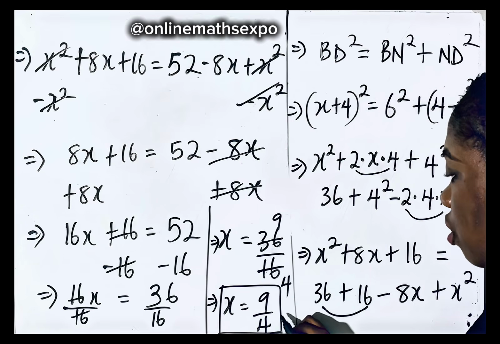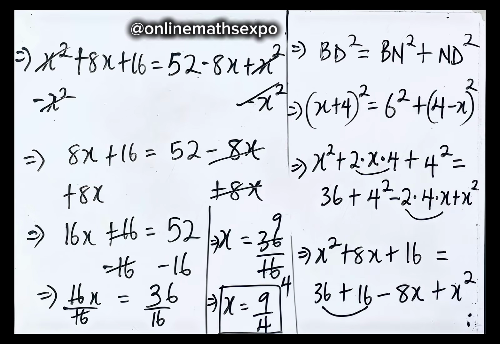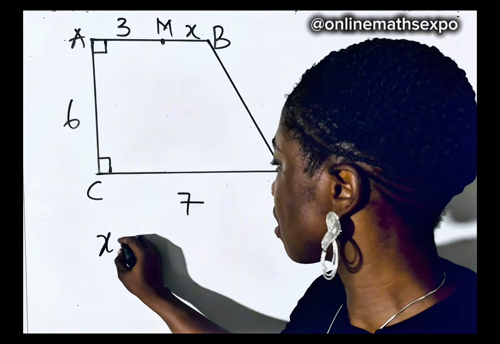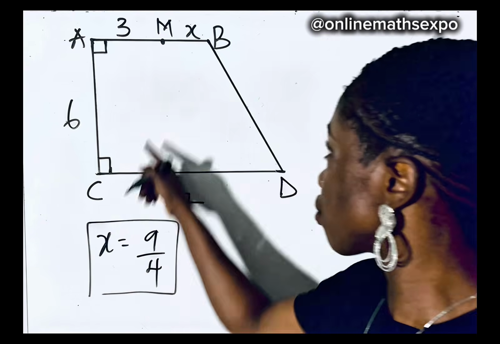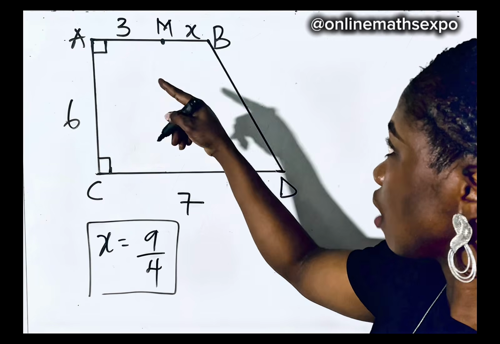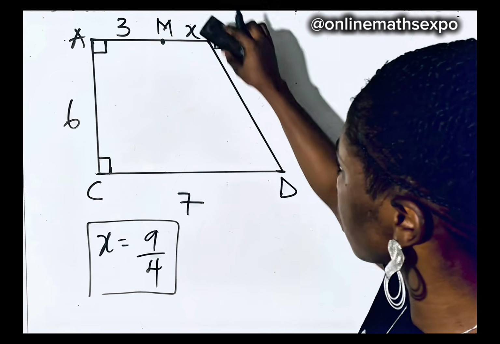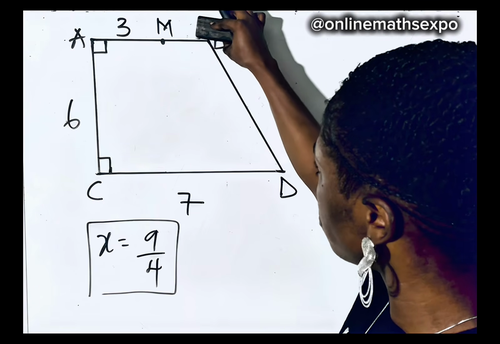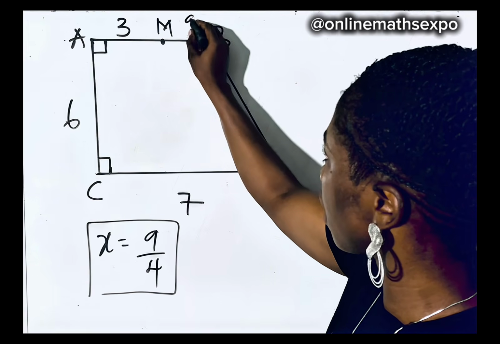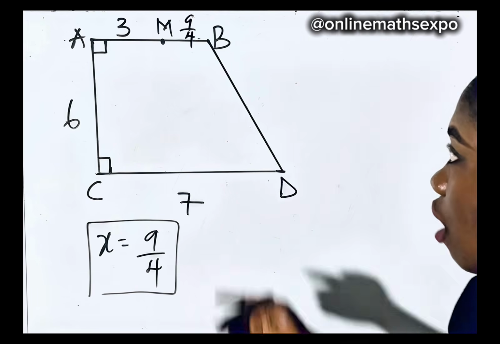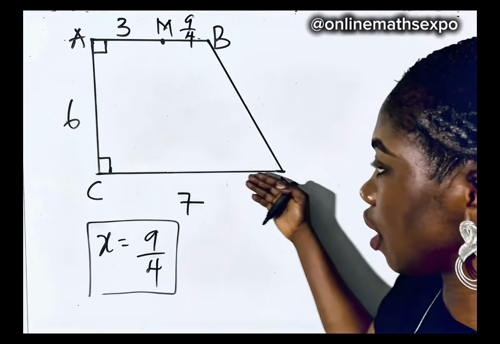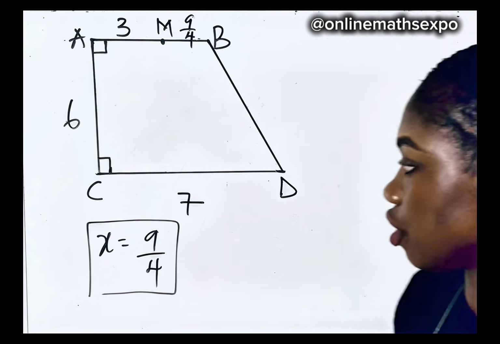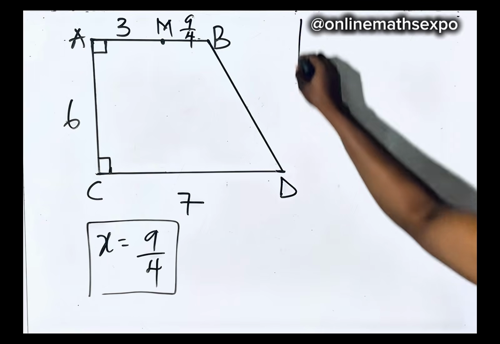Now that you have found x, let's go back to the diagram. Remember we said x is equal to 9 quarters. So what we should do is to replace our x here. And when you do that, it means that here MB is going to be 9 quarters. Now that we know the whole length, which is AB, these two parallel lengths, and the height, we can go ahead to get the area.